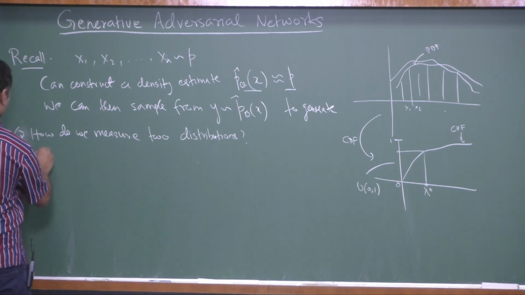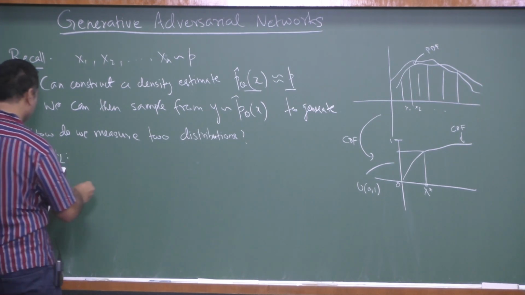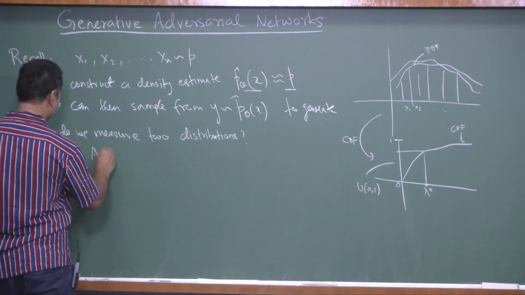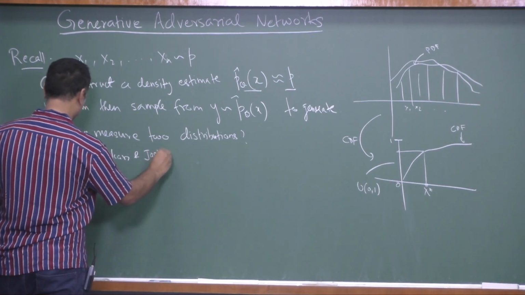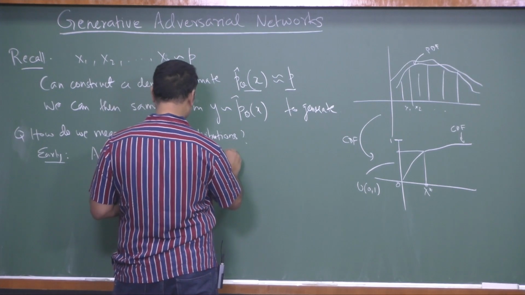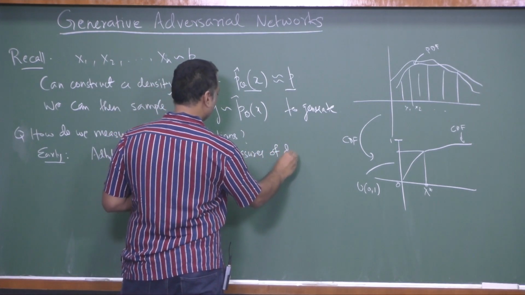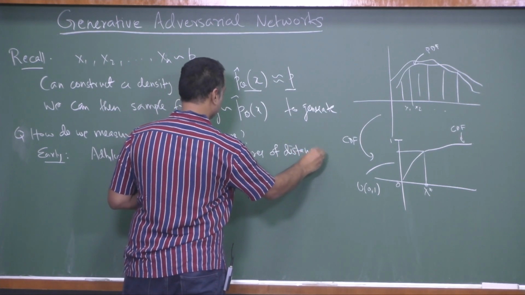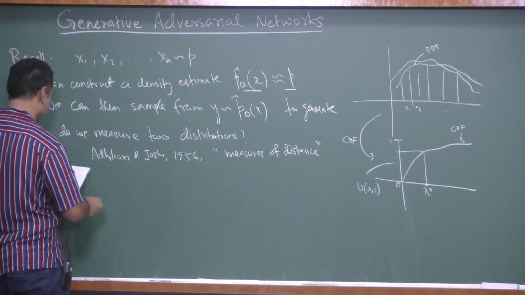So if we look into the early work where they discuss a lot about measures, one of the papers by Adhikari and Joshi in 1956 is called Measures of Distance. Okay, these things can be picked up as a project. So I will list these papers as projects. So these are the guys who were initially documenting these different types of measures.